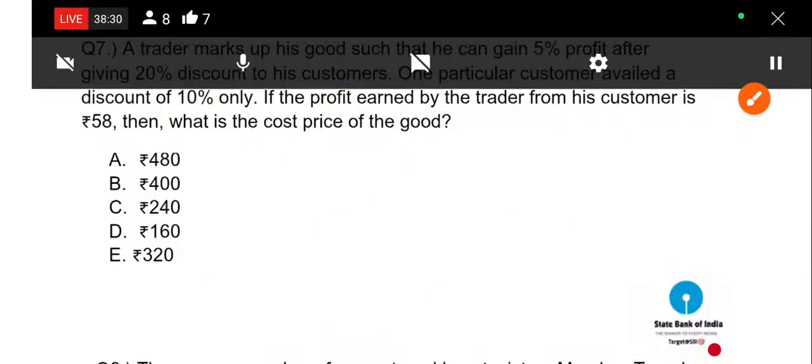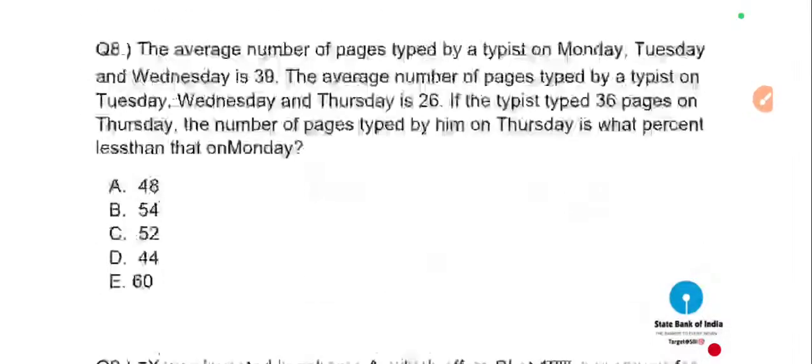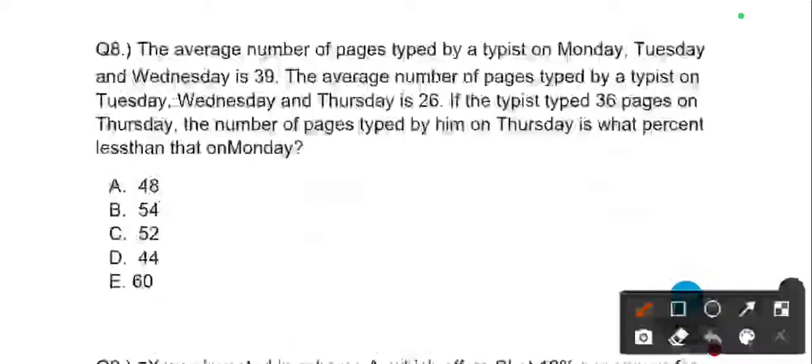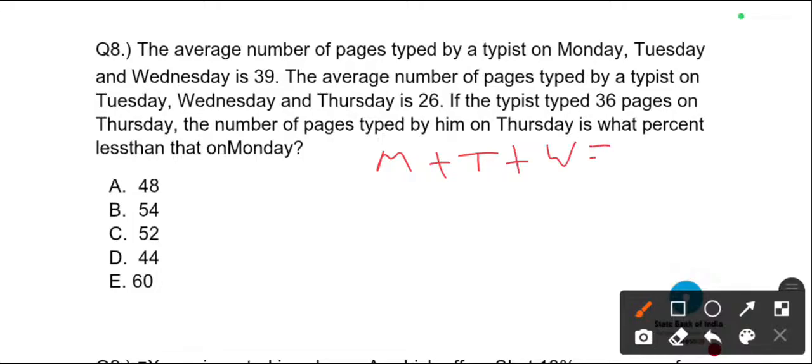Now we are going to see the next question, the 8th one. Let's solve this one. The average number of pages typed by a typist on Monday, Tuesday and Wednesday is 39, so 3 times 39 is 117.